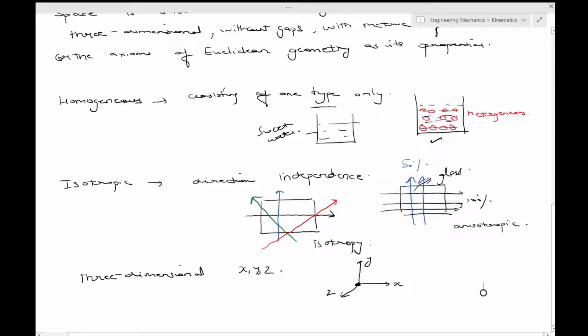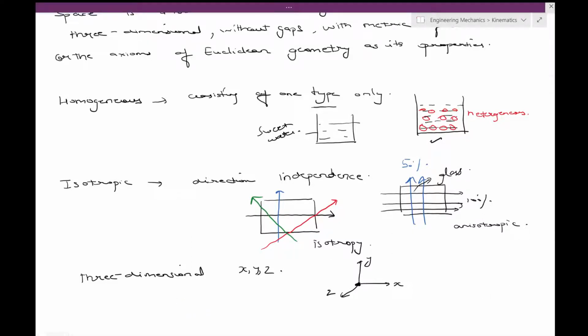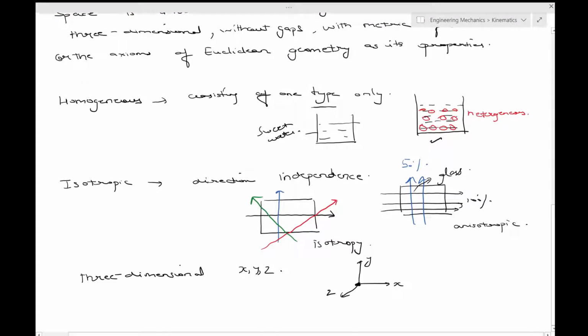And let's see, it is without gaps. That's a definition of a space. You may have a three-dimensional body like this, and it may have a gap, say a hole like this.